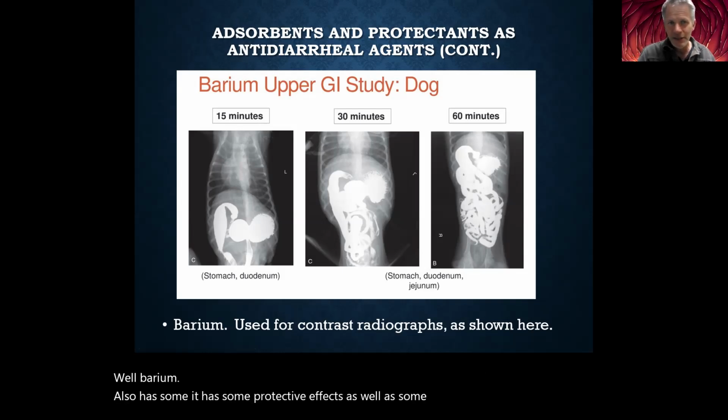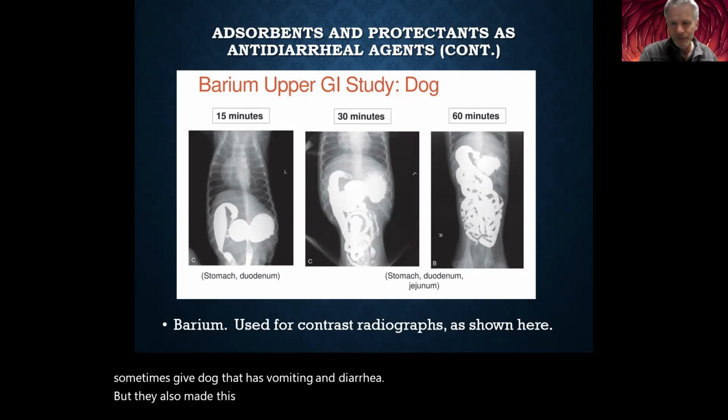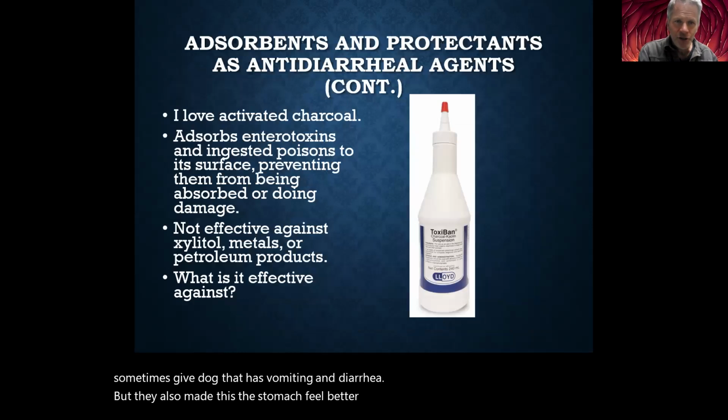So we will sometimes give a dog that has vomiting and diarrhea barium, and the barium makes them feel better. The barium was not only diagnostic for these X-rays, but it also made the stomach feel better. So that's a really common situation.